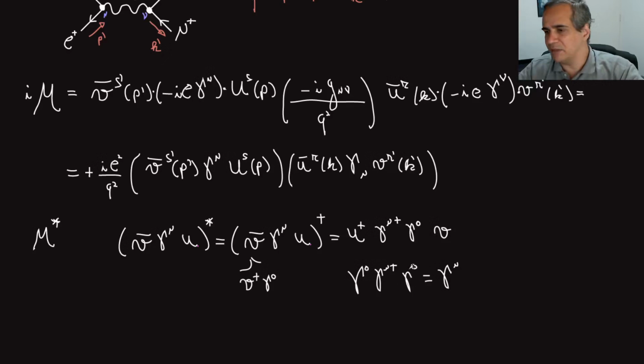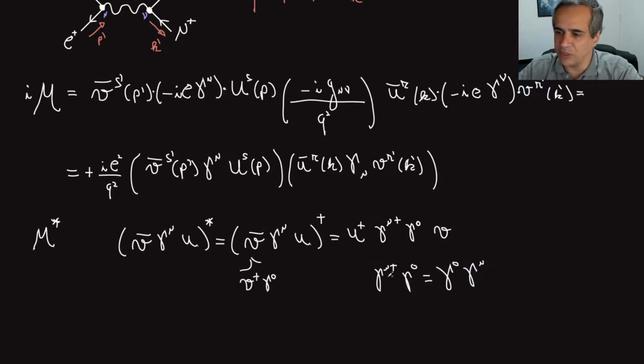That means that I can multiply by gamma 0 from the left here, and using that gamma 0 squared is 1, write this.